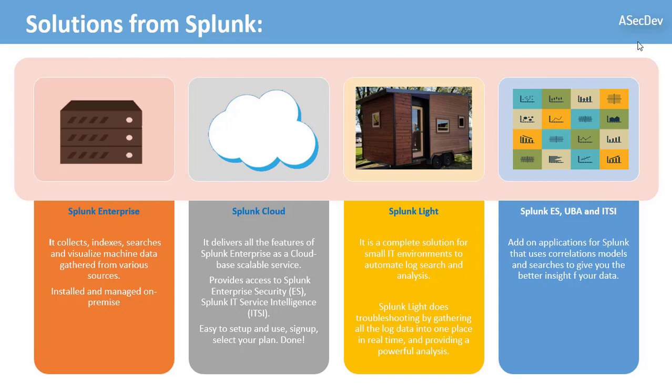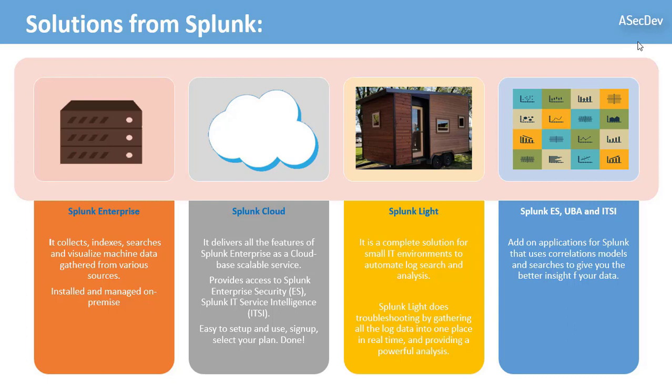Splunk Lite. It is a complete solution for small IT environments to automate log search and analysis. Splunk Lite does troubleshooting by gathering all log data into one common place in real time, and it provides powerful analysis of data.